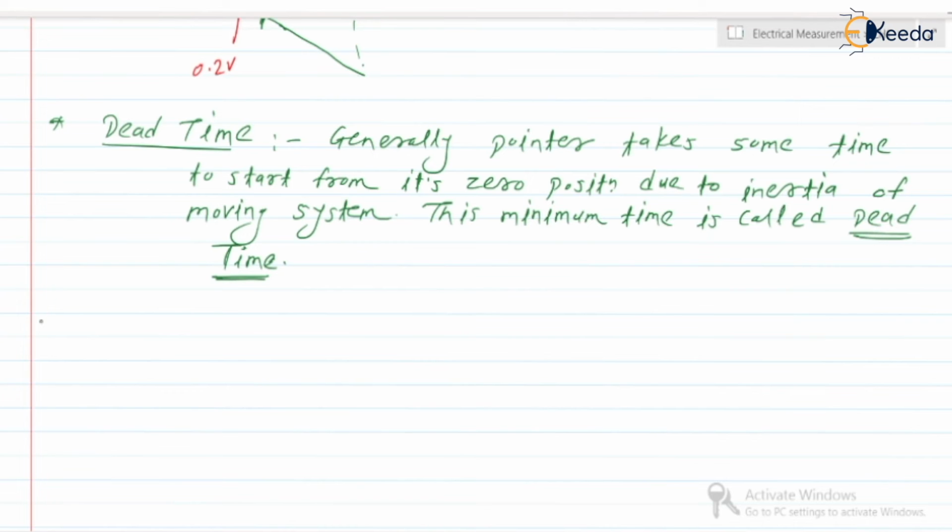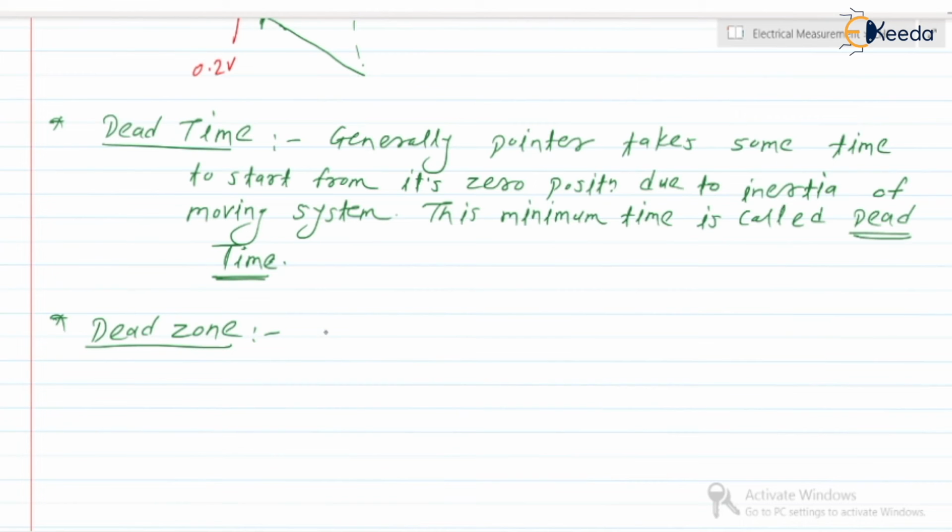Next one is the dead zone. Dead zone is nothing but a large change in input for which there is no output at some portion of the scale. It is called the dead zone.